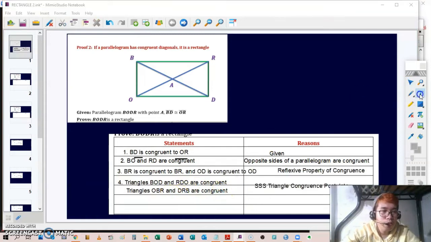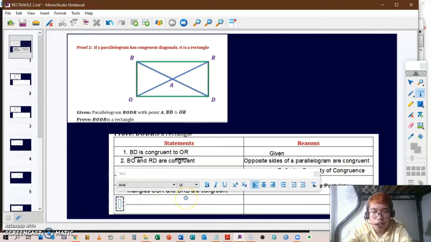Okay, for number 5, we can write here that the angles BOD, ODR, OBR, and DRB are congruent.